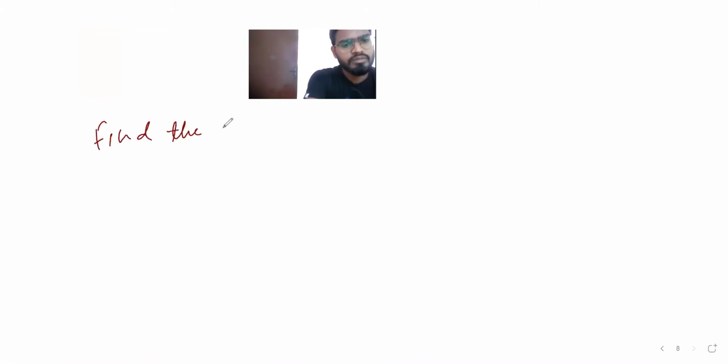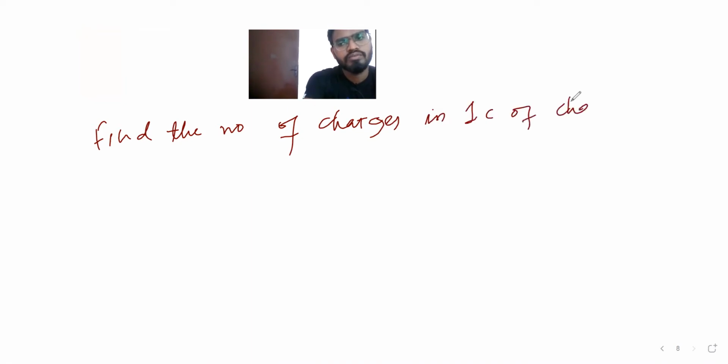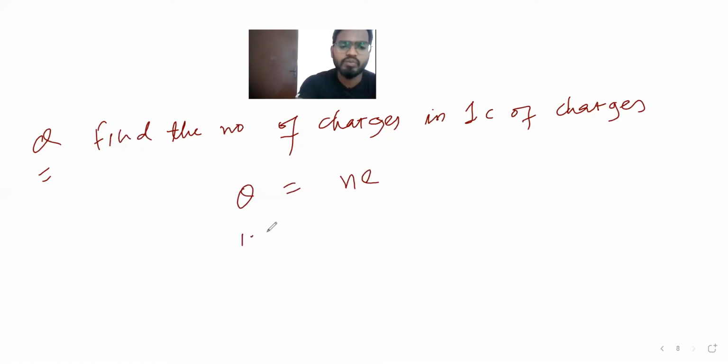Let's see a numerical: find the number of charges in 1 coulomb of charge. Q is equal to n e, and we want to find n. Q is 1 coulomb, and e is 1.6 times 10 to the power of minus 19.